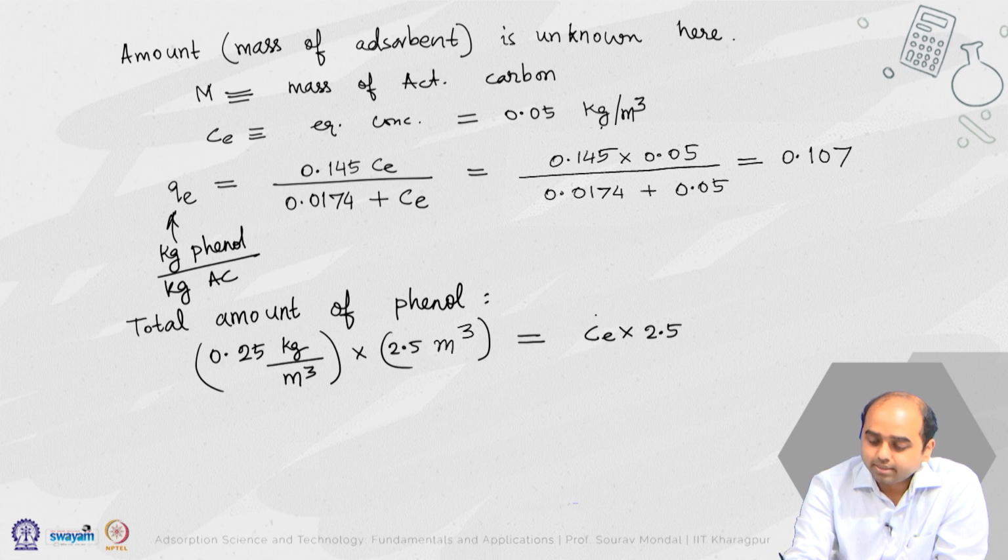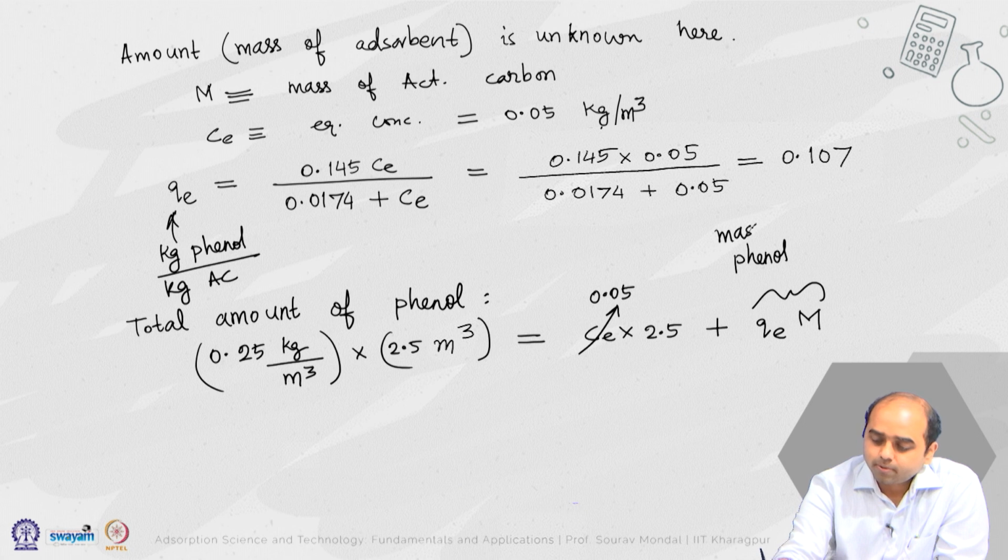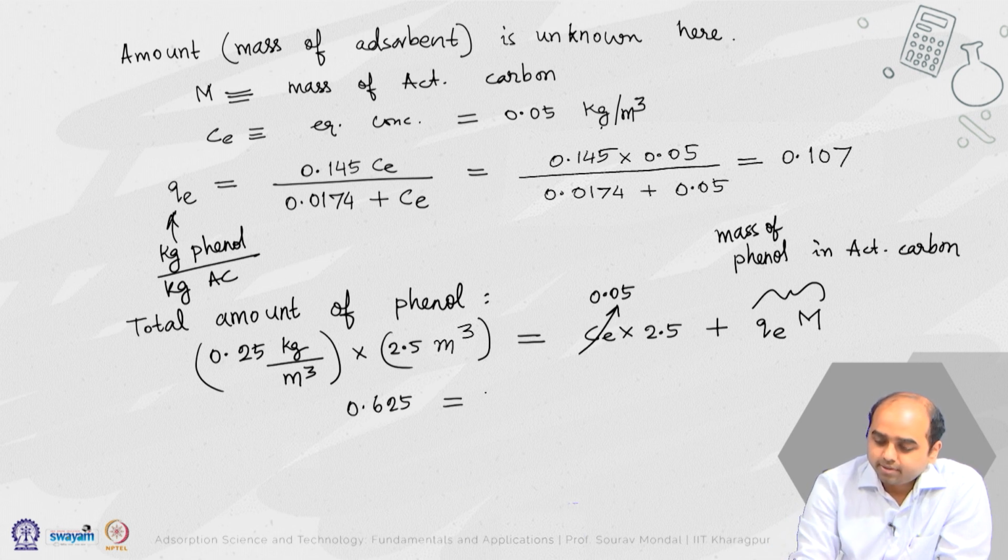Now Ce in this case is 0.05, plus Qe into m. So this is the amount of the phenol or the mass of phenol in activated carbon. So this comes out to be 0.625.